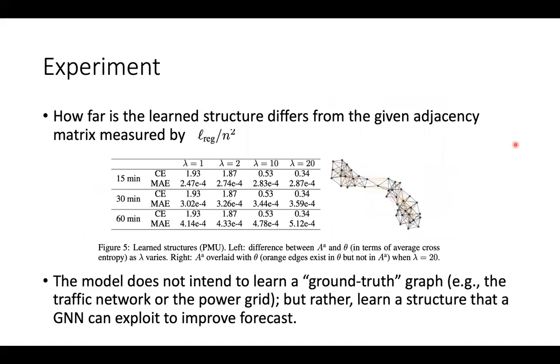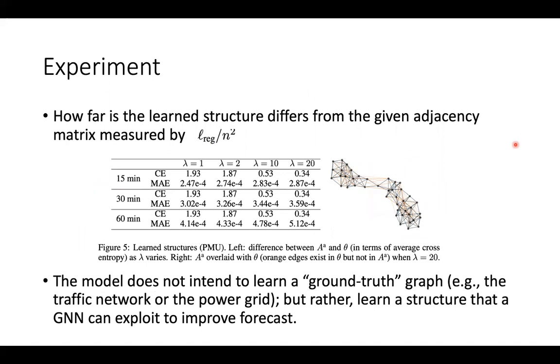And finally, they studied what exactly the learned graph is. As I have previously mentioned, the learned graph is not necessarily the ground truth graph, because that may not be the best graph structure to be utilized by the GNN.